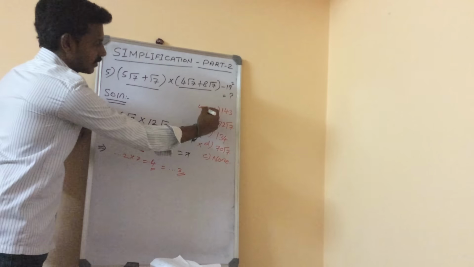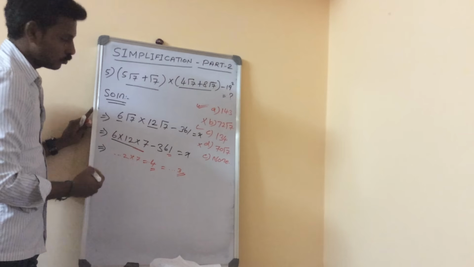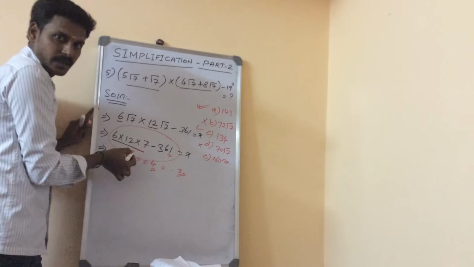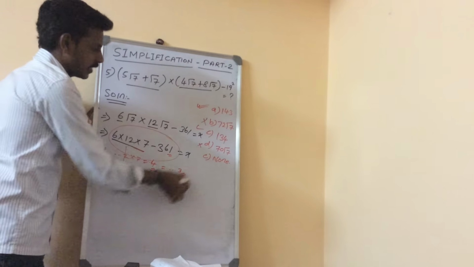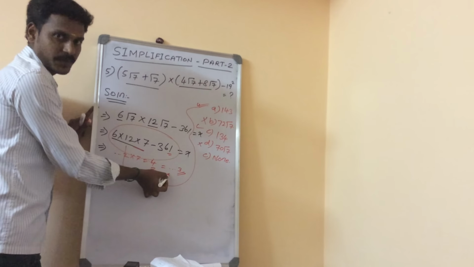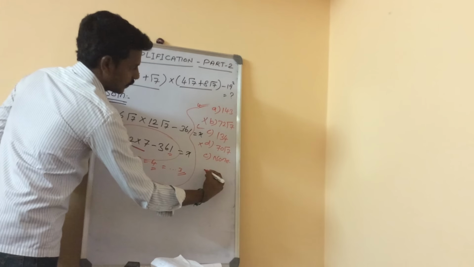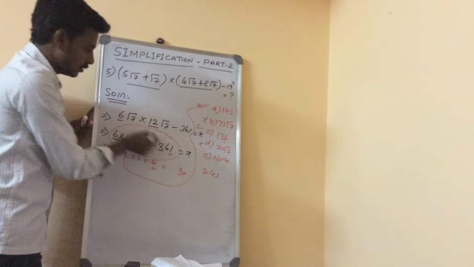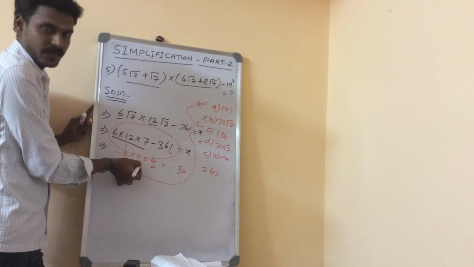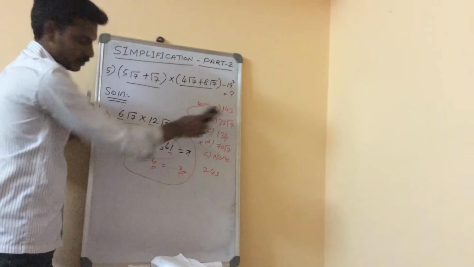So where is the last digit 3? 143. By the shortcut way you can identify the answer using the last digit. If the options included both 143 and 243, then only you would need to find the whole value. The answer will be 143. Understand?